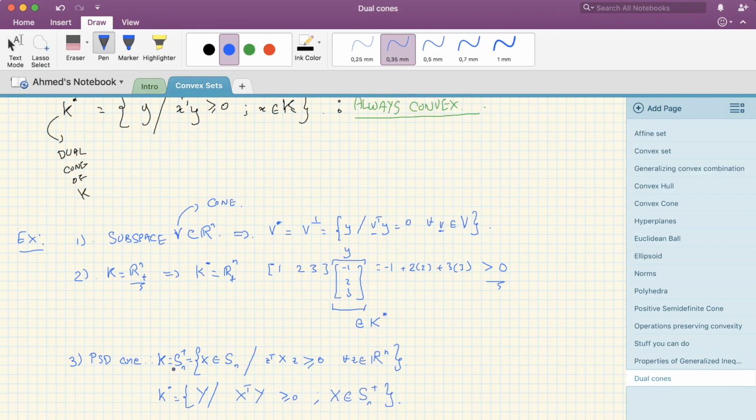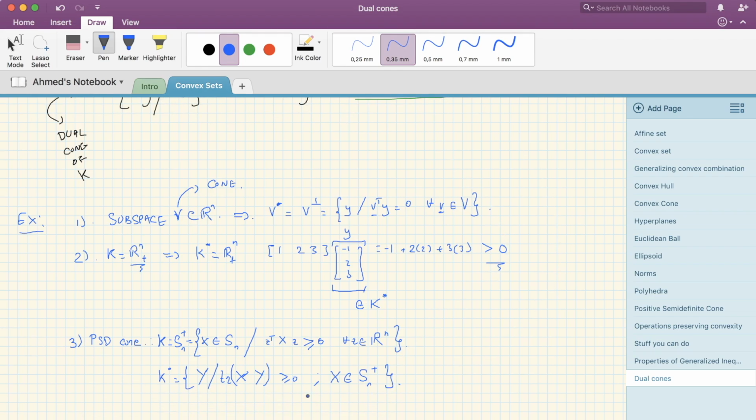So instead, there are multiple inner products between matrices, but usually people use the standard one, which is the trace. We can drop the transpose because it's symmetric. X transpose is x, right? So when the trace of xy is positive, this is the criterion of positiveness. Now the question is, what are all such matrices y's that satisfy this for all x's in Sn plus? It is also again Sn plus.